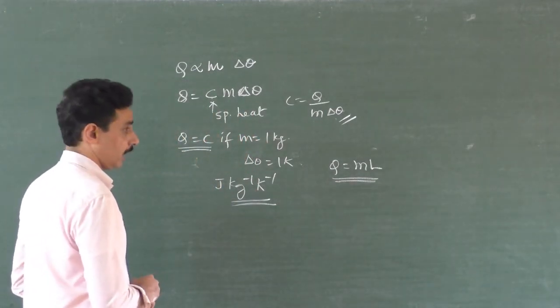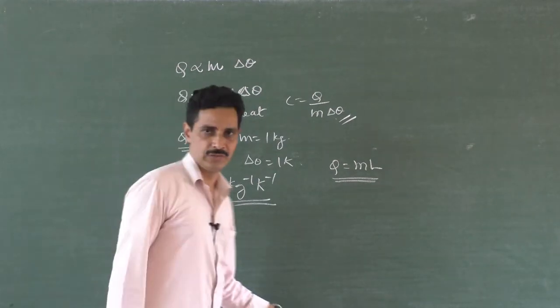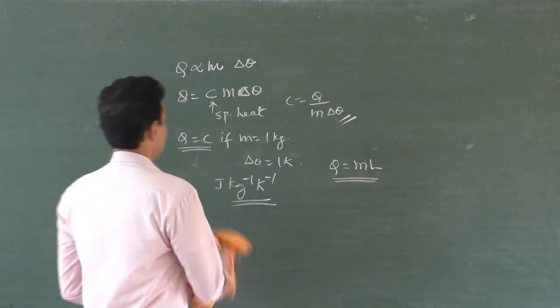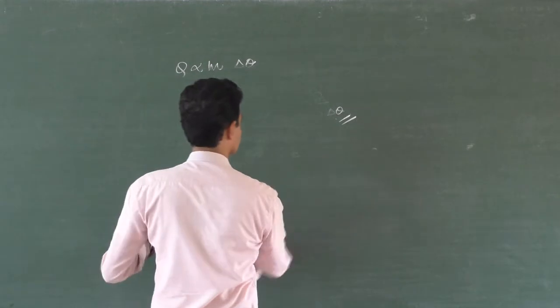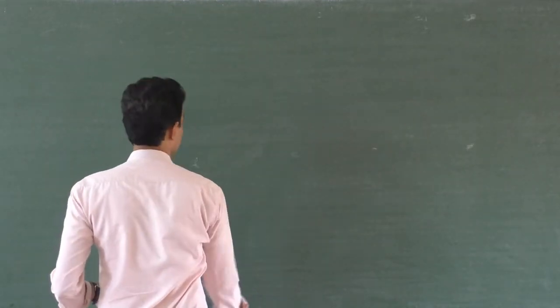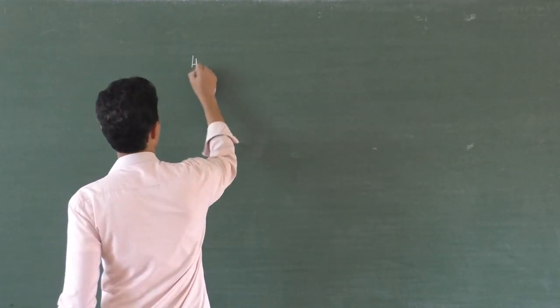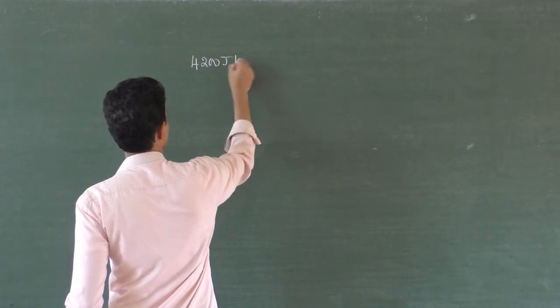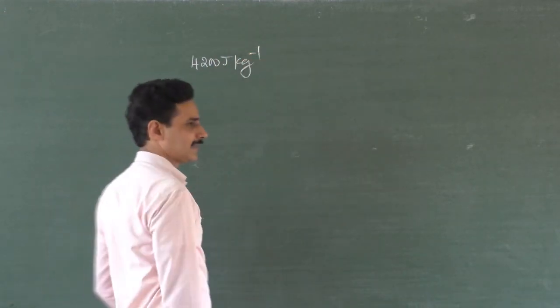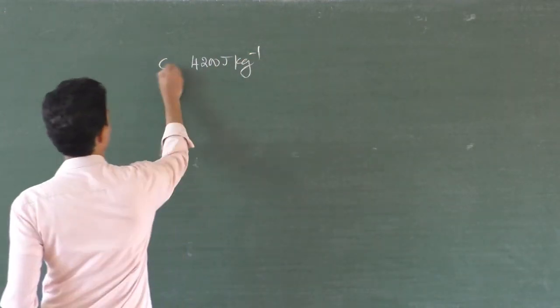Right, now coming back to some values that are more important. For example, 4200 joules per kg per Kelvin. This is the SI value of the specific heat of water.